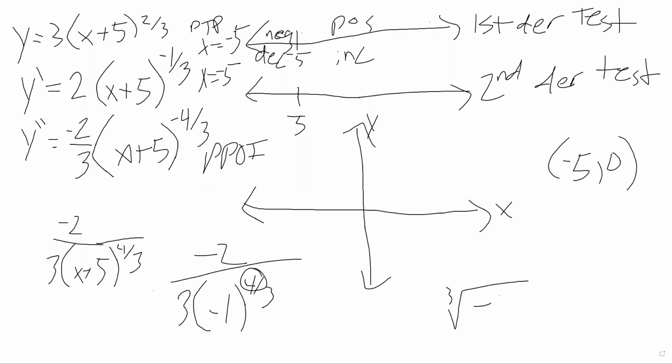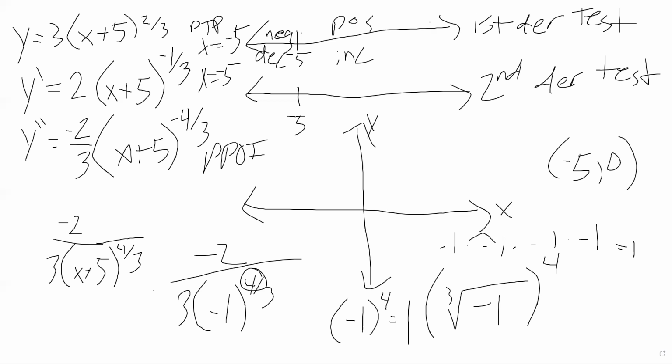That's the equivalent of writing the cube root of -1 all raised to the 4th. Cube root of -1 is just going to be -1. So you end up being left with -1 to the 4th. And then -1 to the 4th is just 1, right? -1 times -1 times -1 times -1. That equals 1, right? Because these equal 1, these equal 1, and then 1 times 1 equals 1. Okay? Just in case you were curious how it works.